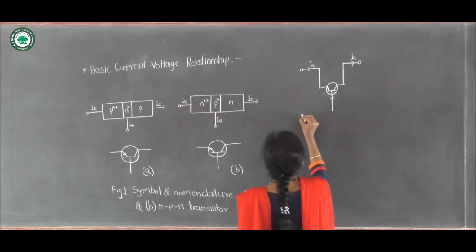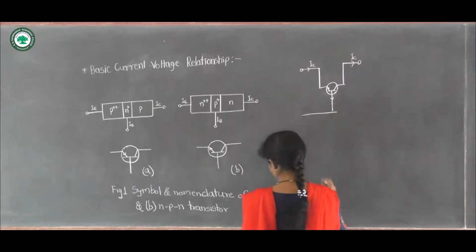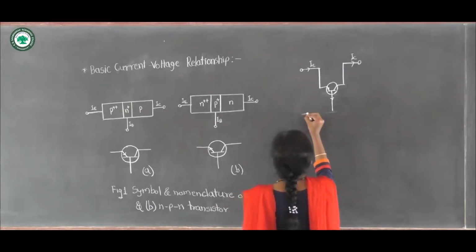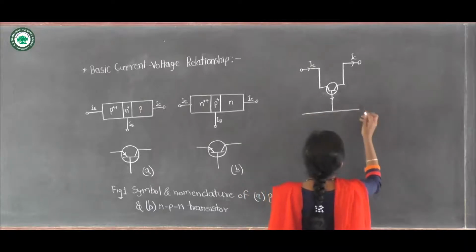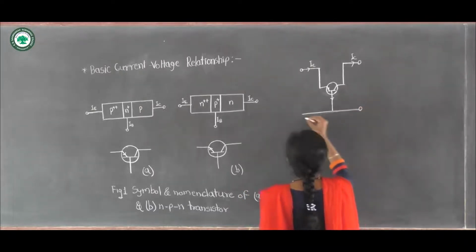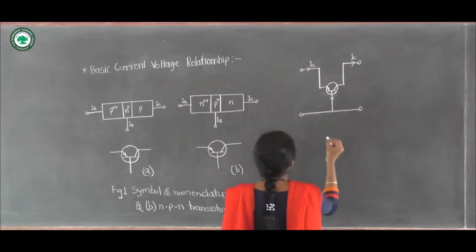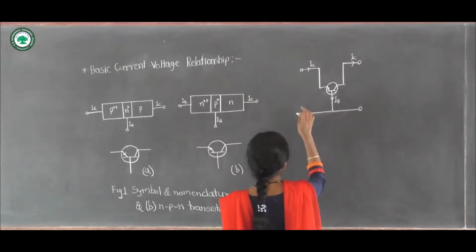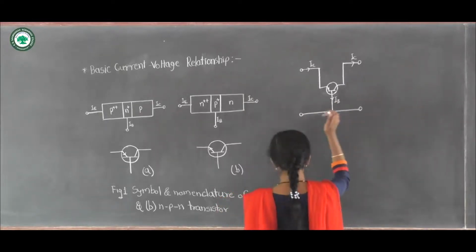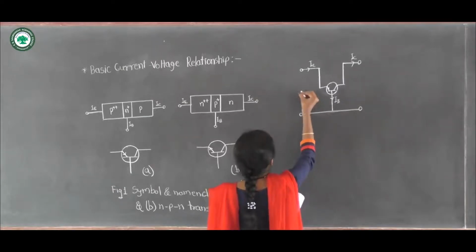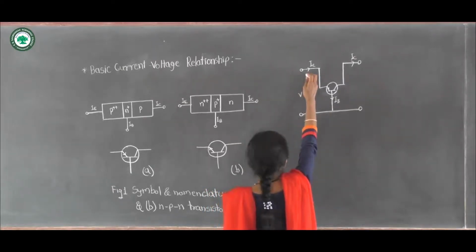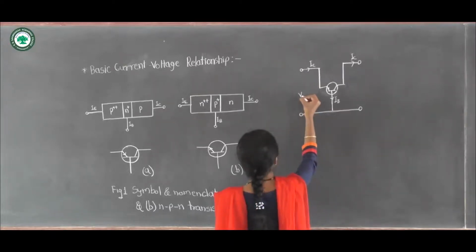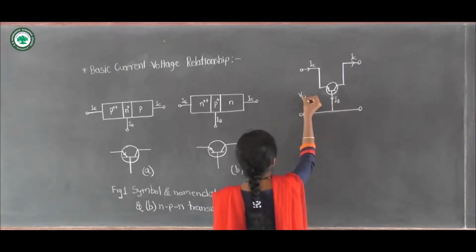And as this base terminal is common to input as well as output, this configuration is common base configuration. Between emitter terminal and base terminal, the voltage will be denoted as VEB.